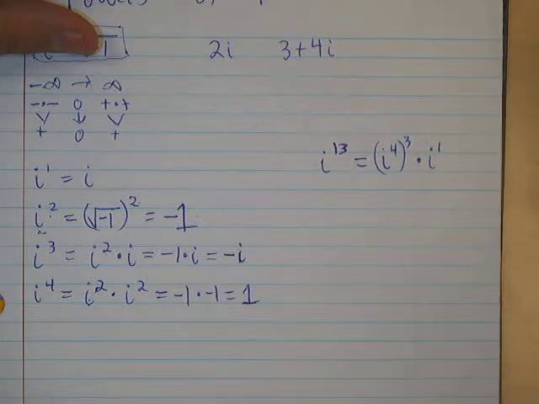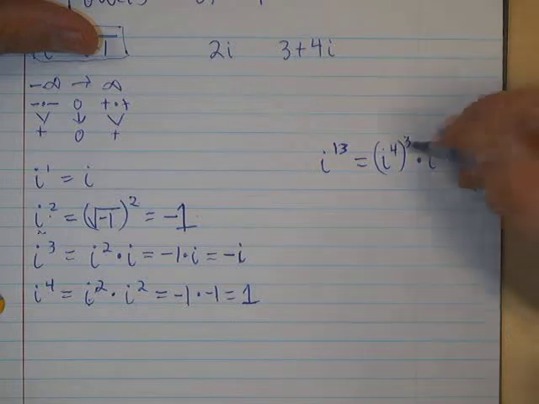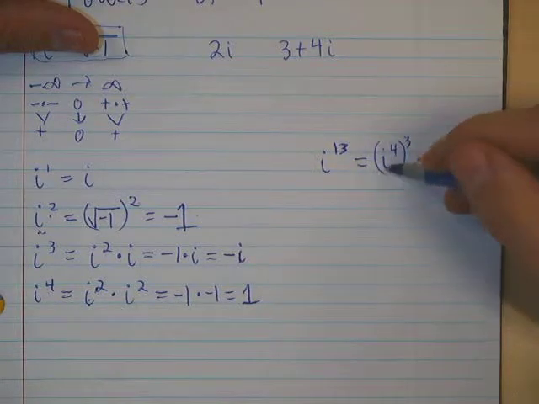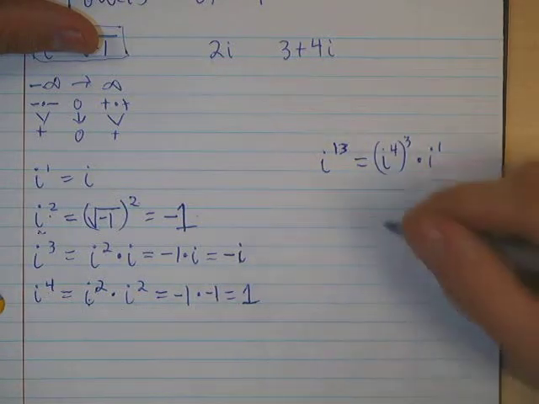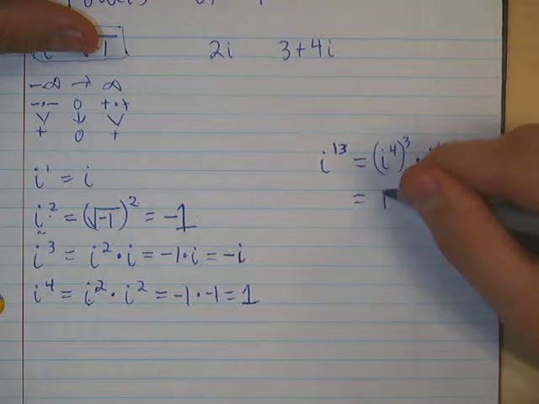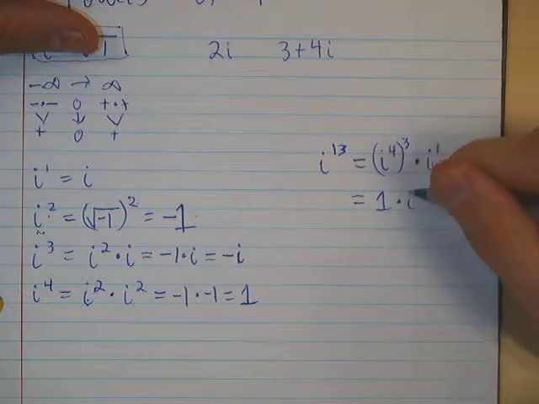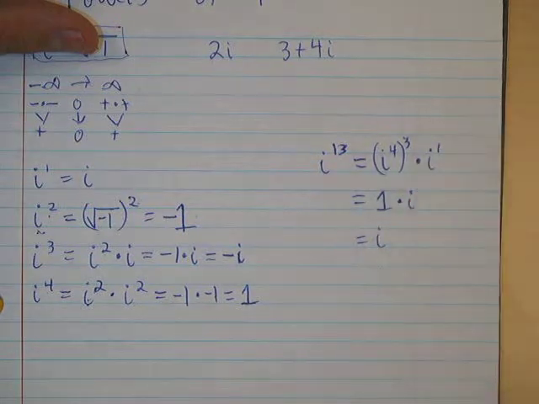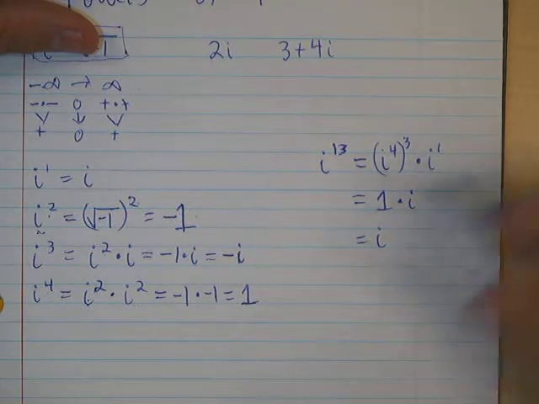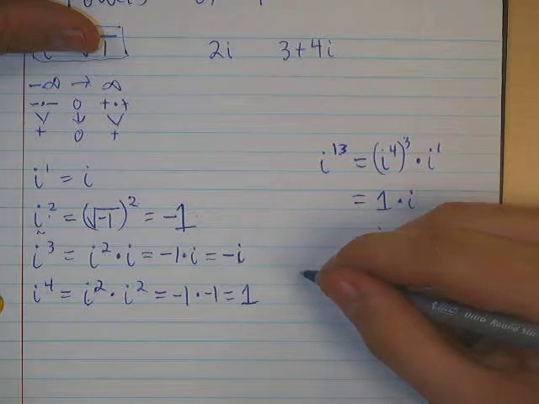And I would need one more i on the end. This would give me i to the 12th times i to the first will give me i to the 13th. But i to the fourth is just 1. So this is really just saying 1 times i, or just i.